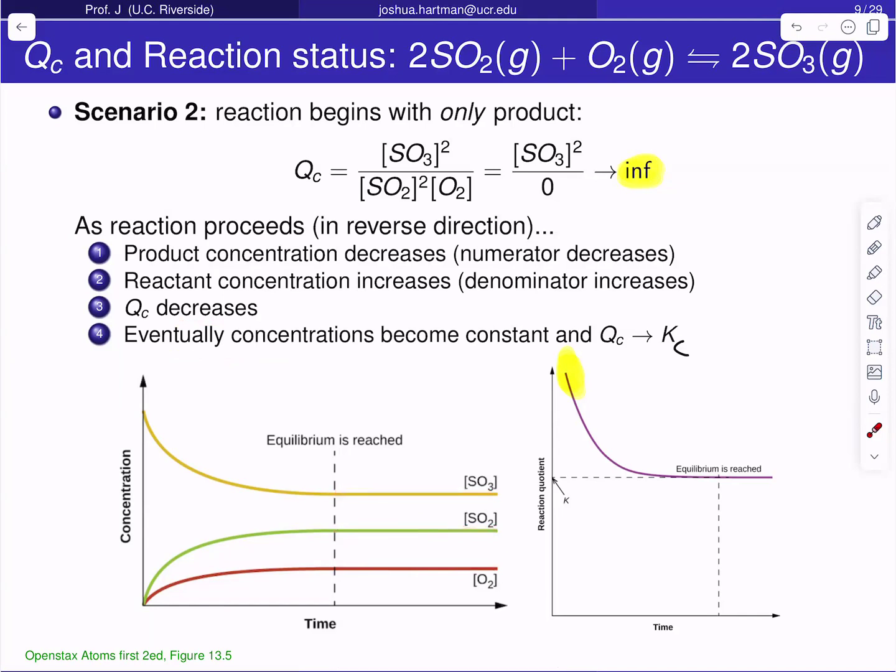And if we plot this over here on our plot of reaction quotient as a function of time, we see something like this, where at this equilibrium point, we are finding constant concentrations at equal rates of forward and reverse, and our QC becomes equal to K.